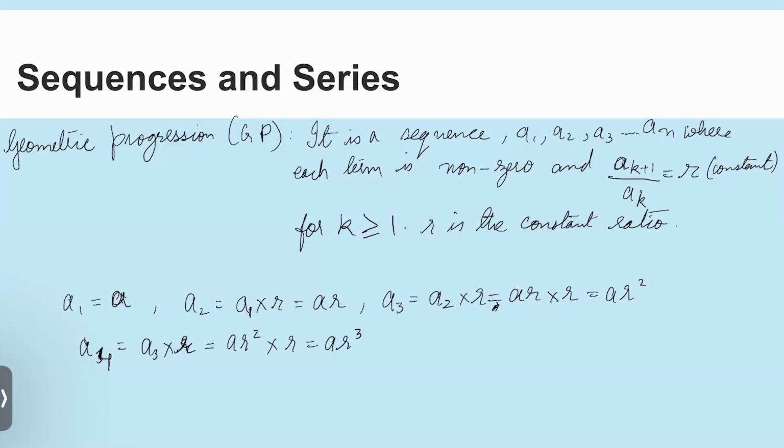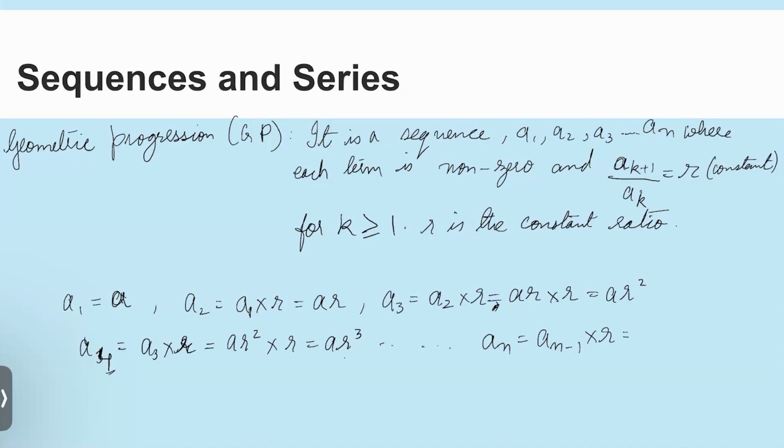So if you write this so on, all the way up to your AN, what you get? AN would be AN minus 1 multiplied by R. And you can see over here that for A4, your R is raised to N minus 1. If your N is 4, you can see that R is raised to N minus 1.